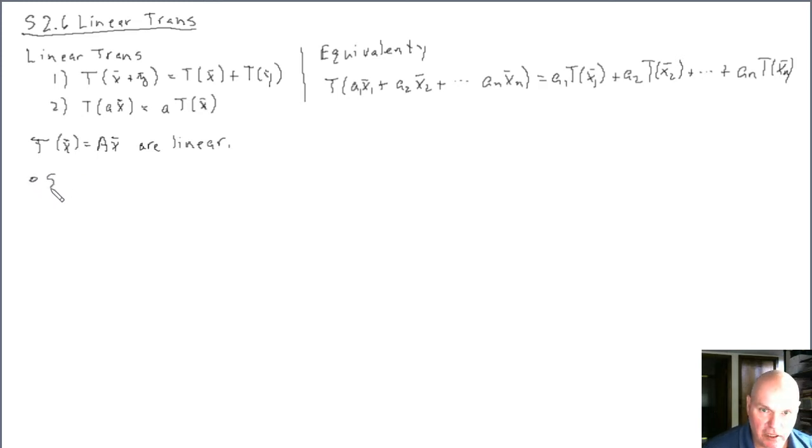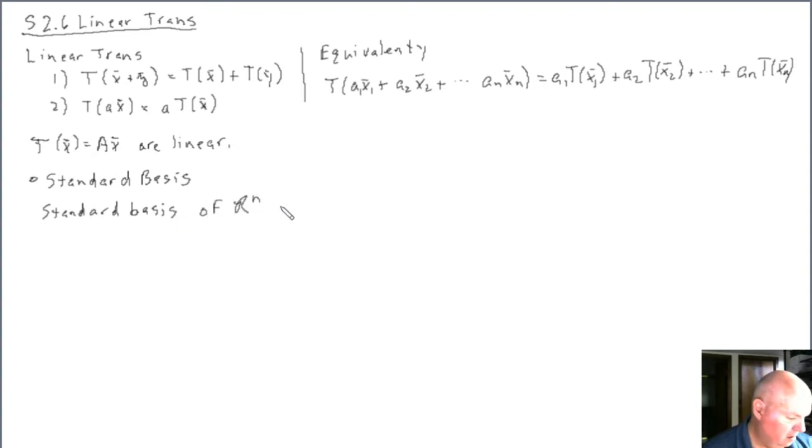Okay, before we proceed, let me define what's meant by the standard basis. The standard basis of a vector space Rn is the set of columns of the identity matrix In.